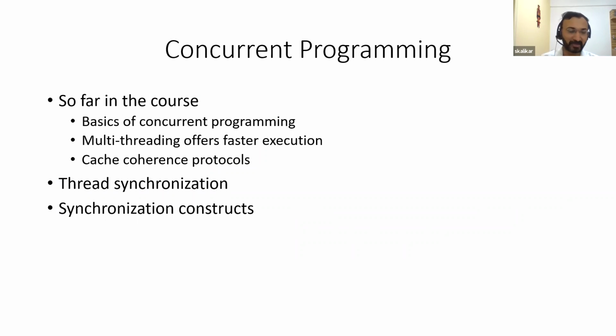Now we will come back to today's topic. We are going to continue our journey of how we can leverage multi-core systems. So far in the course we have seen the basic constructs of concurrent programming, how multi-threaded systems can help you achieve better speedup, what the cache coherence protocols are, and the details of every small operation in the cache.